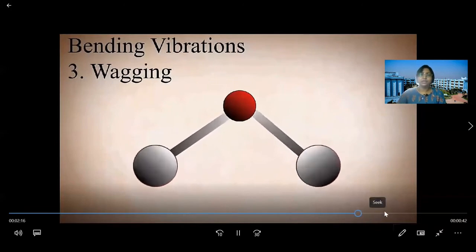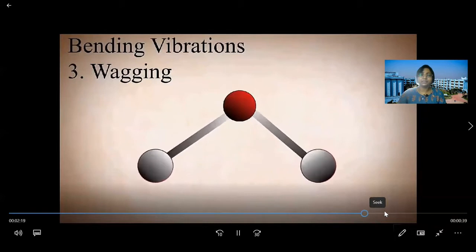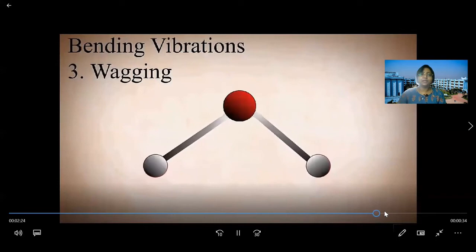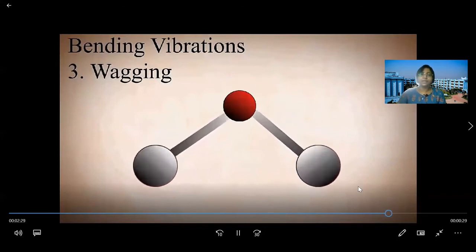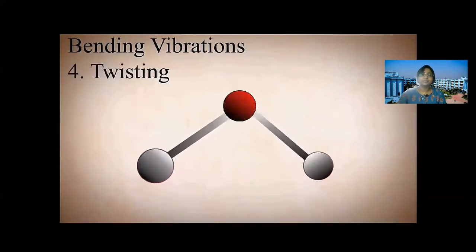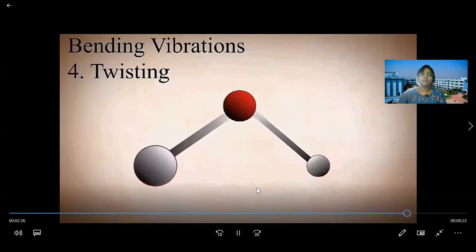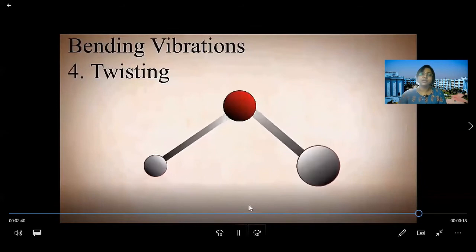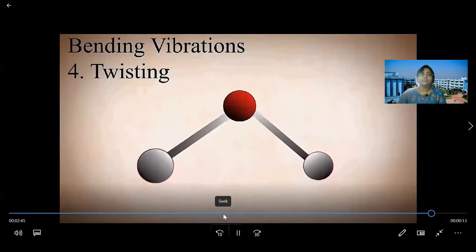In this way wagging takes place. It is also one type of bending vibration. Next is twisting. One is coming front while another is going back. Again, this one is coming front and another is going back. In this way, different types of vibration take place in carbon dioxide.